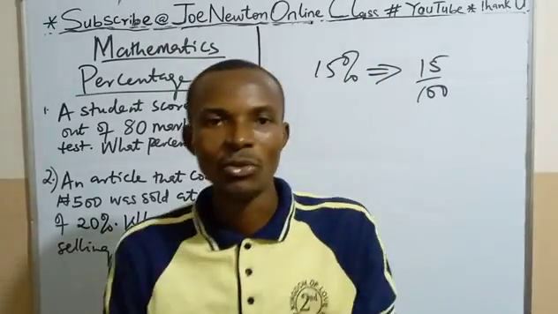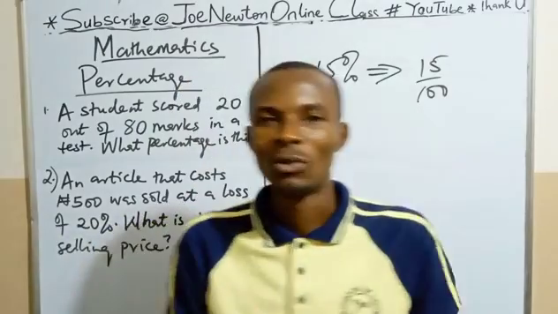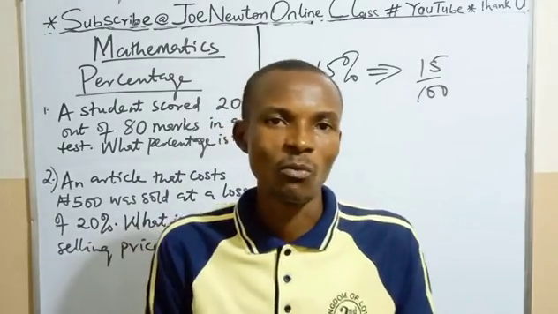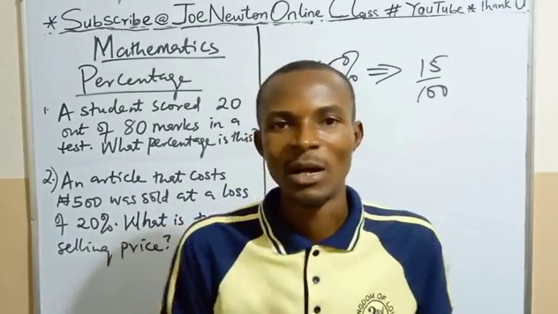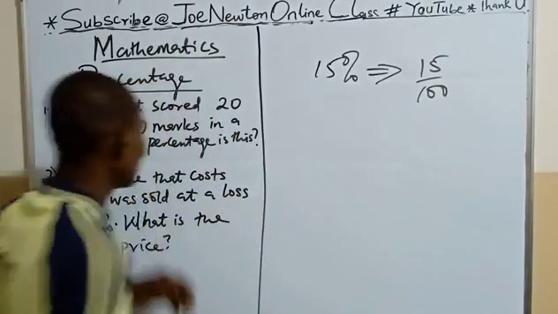So anything given to you in percentage is over 100. Now, let us look into examples of questions in percentage and how to tackle them in mathematics. Look at the question on the board.